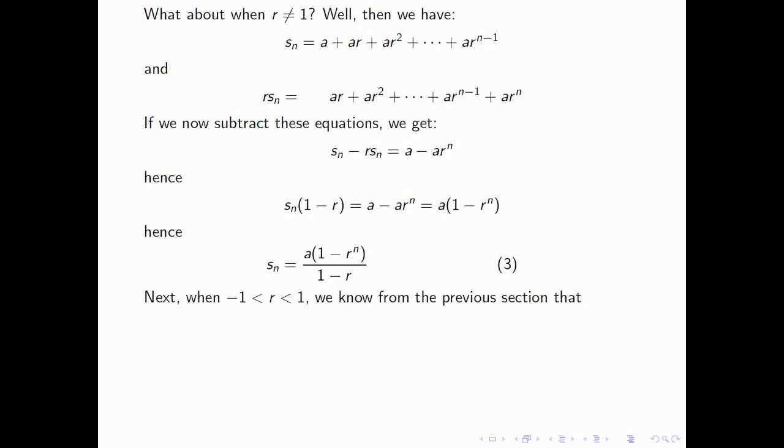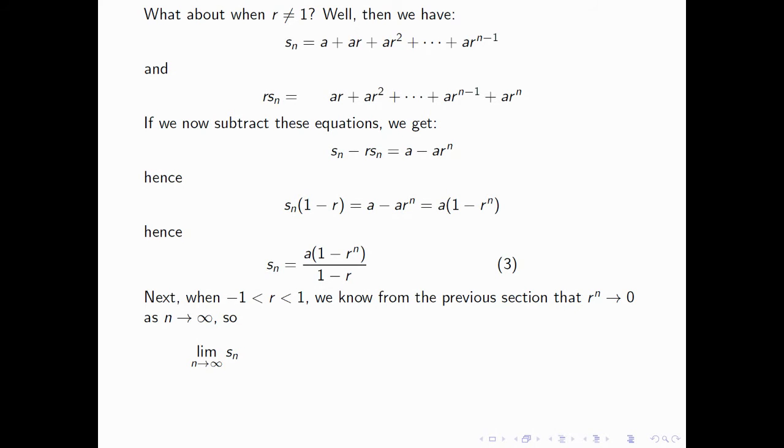And now I can calculate the limit. So now we know from our previous lecture that when r is a number in between -1 and +1, r to the n goes to 0.